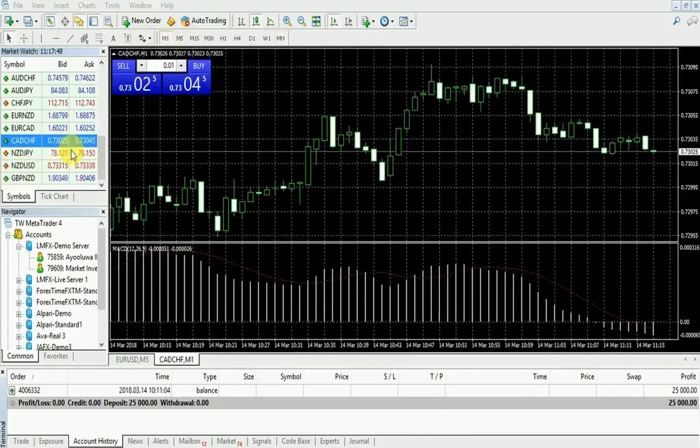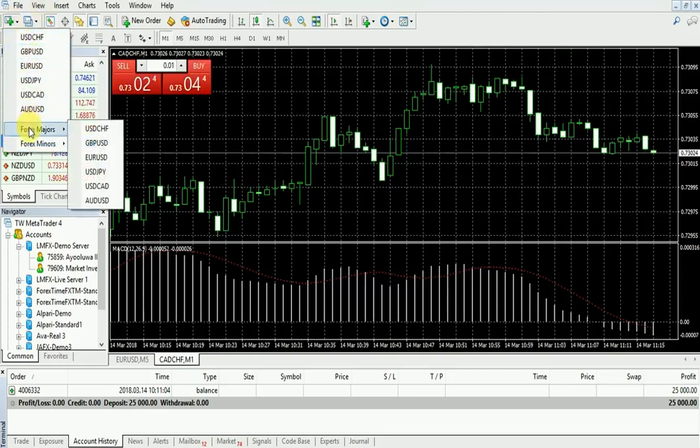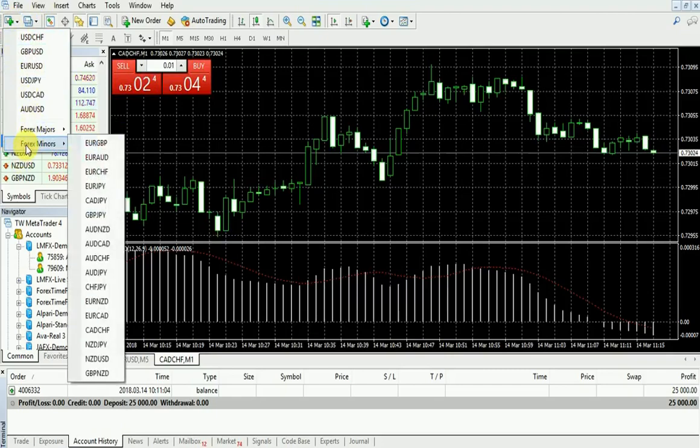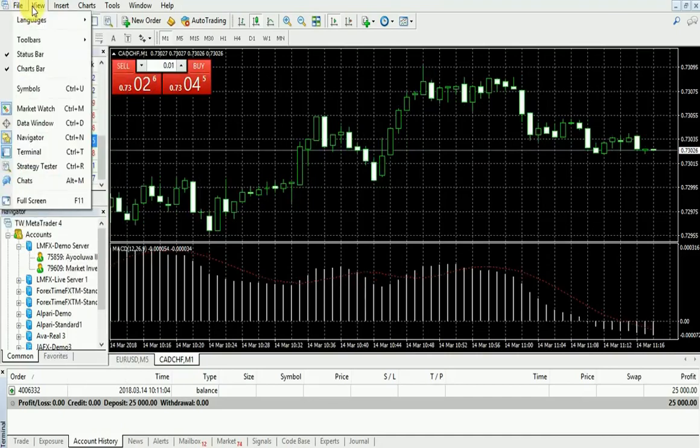To add a new currency pair, you come here and click the currency pair available. We have major forex, we have minor forex, and if you search all through the major and the minor and you still don't see the currency pair, you come to view, and you click on symbol.